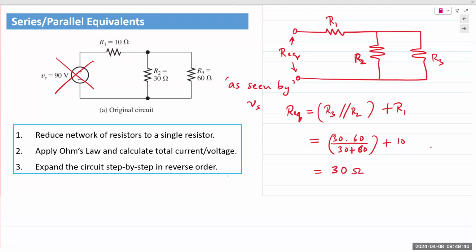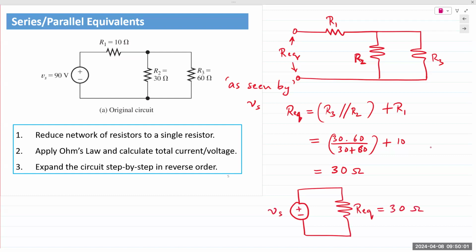So then we plug this Req into the circuit. So my circuit now looks like this. Req is 30 ohms. This is my voltage Vs, 90 volts.